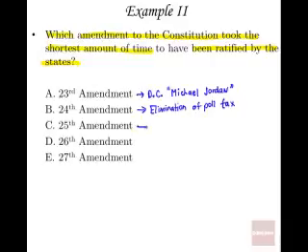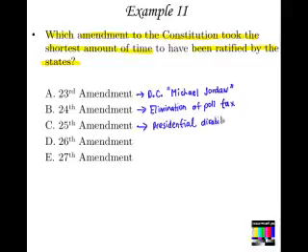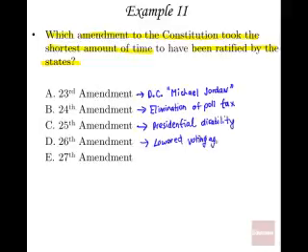The 25th Amendment dealt with presidential succession or presidential disability. The 26th Amendment lowered the voting age to what? To 18. And then the 27th Amendment has to do with congressional pay.